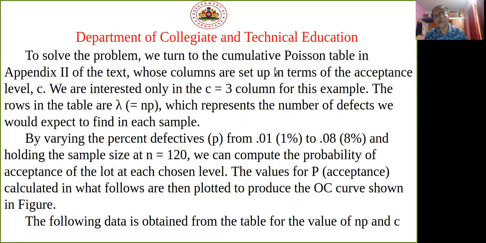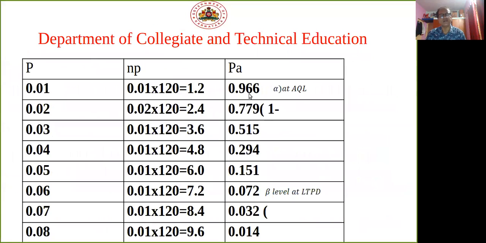The values of P acceptance calculated are then plotted to produce the OC curve as shown in the figure. In the next slide, you will see the figure. Now, the following data is obtained from the table for NP and c.